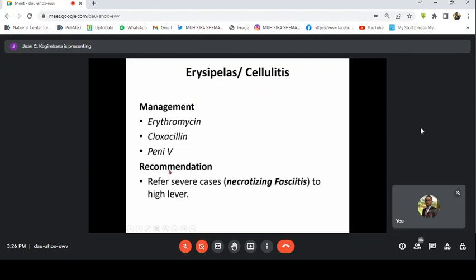And I always recommend, in a setting like here, if the patient does not respond to the treatment within 1 or 2 days, refer the patient for further management. Because you have seen that erysipelas progresses into cellulitis and cellulitis into necrotizing fasciitis. It's the same entity, the same disease, but the periods of progress differ.